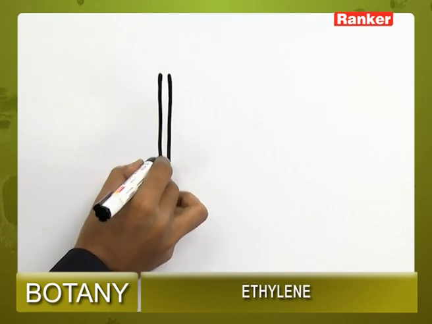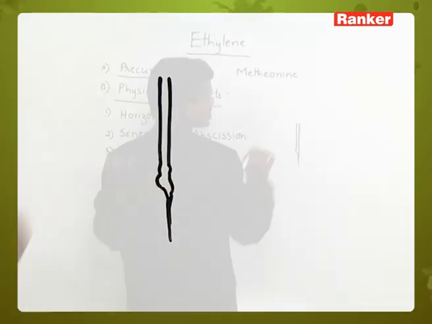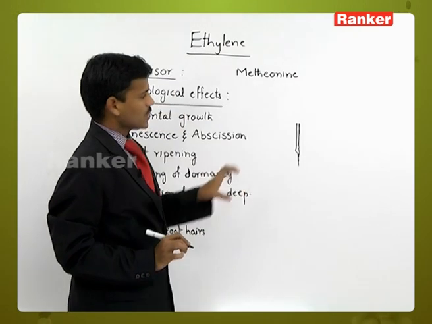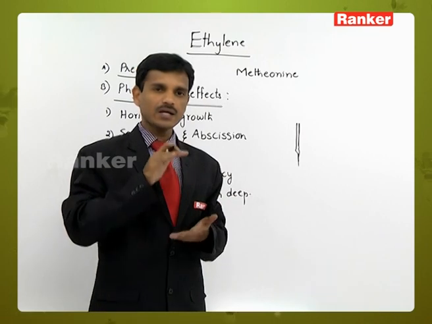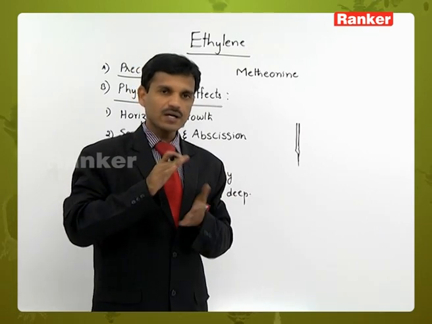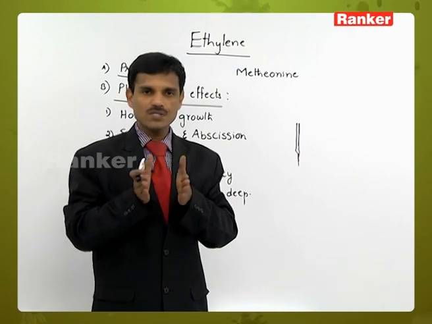So the plumule is not showing growth. Next, transverse growth is promoted. So longitudinal growth is inhibited, and transverse, widthwise growth is promoted.